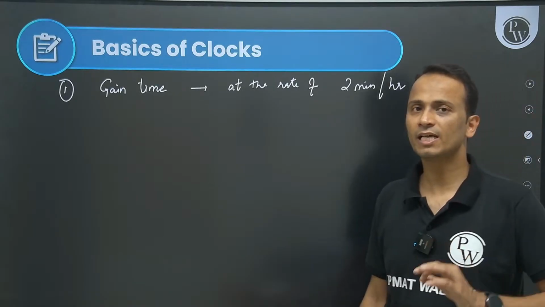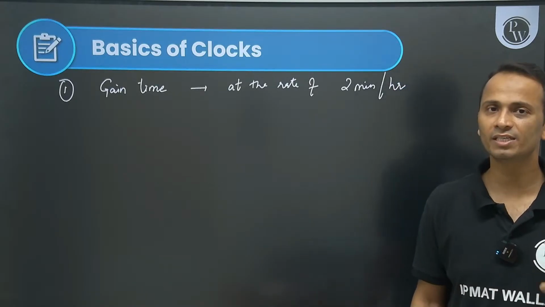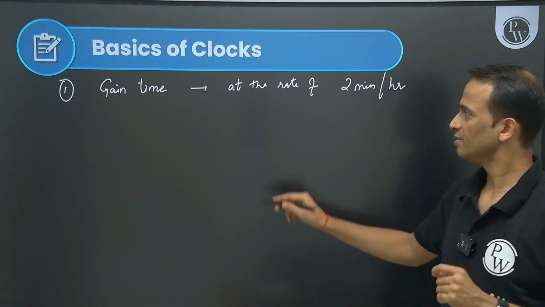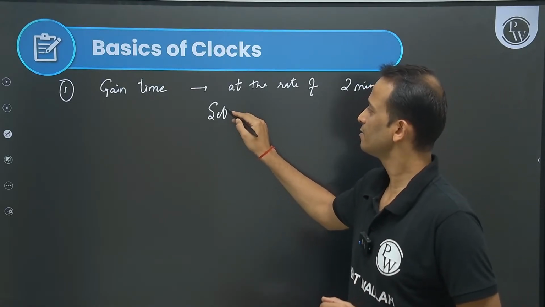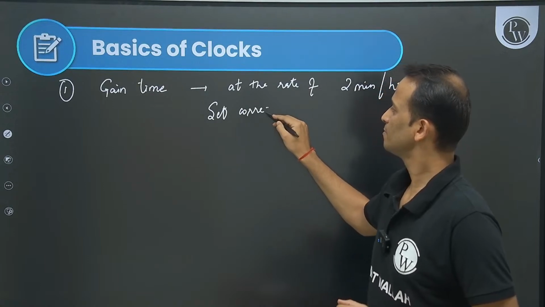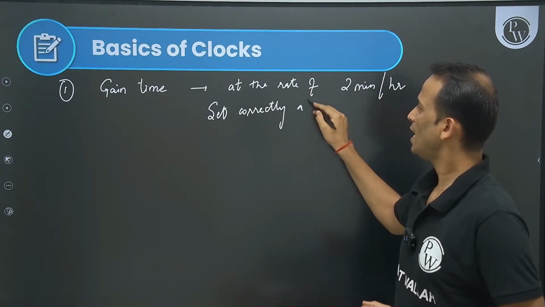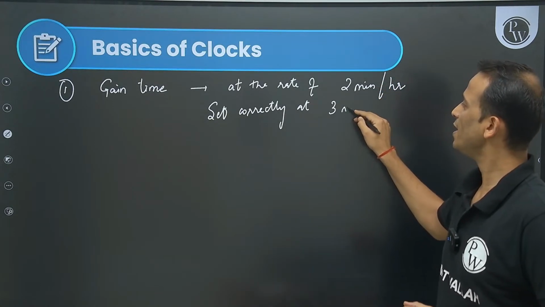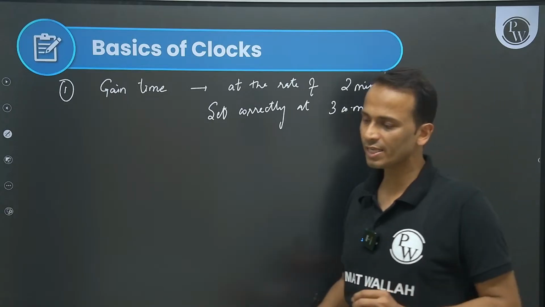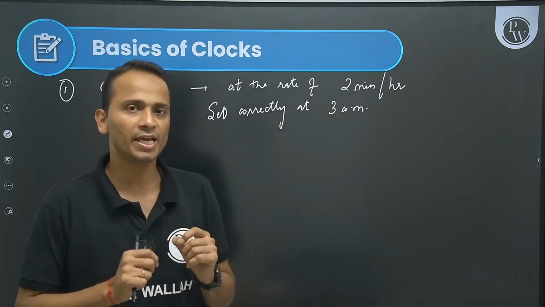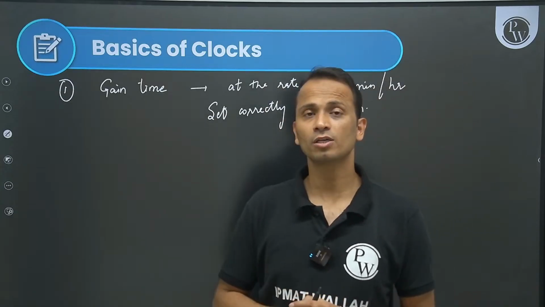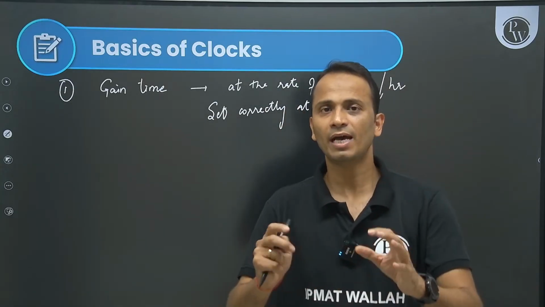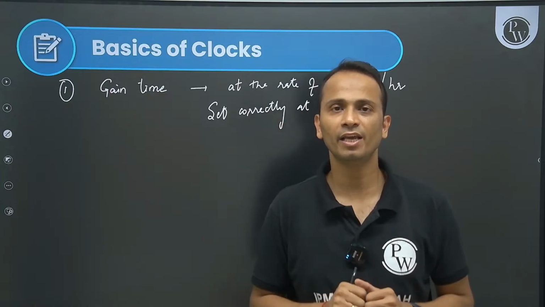So the clock gains time at a rate of 2 minutes every hour and this clock is set correctly at 3 AM. So मैंने क्या किया है? मैंने एक घड़ी को 3 AM पे करेक्टली सेट कर दिया. बट there is a problem in this clock. This clock is gaining time at a rate of 2 minutes in every hour.